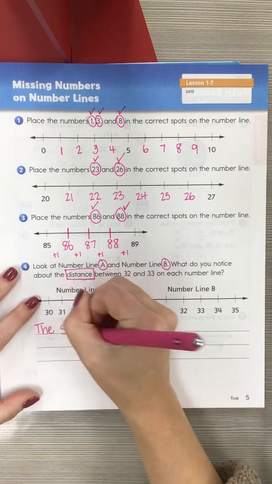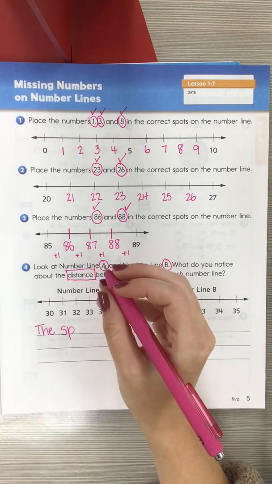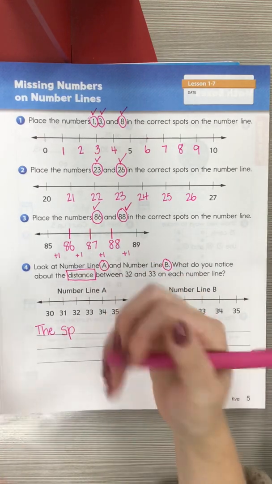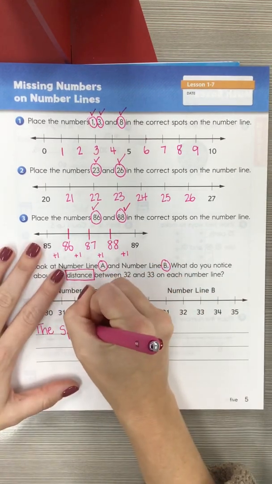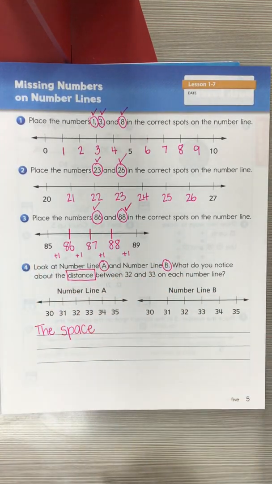What says A, everybody? A. C and magic E. The space. I did say A.